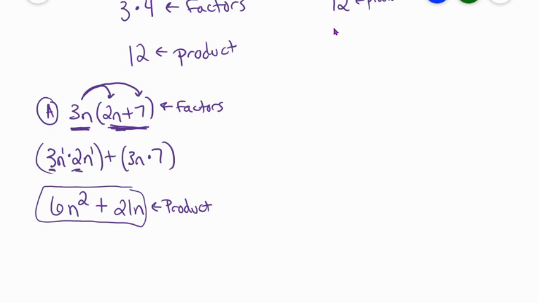But factoring in algebra is similar to factoring a number into its prime factors. So we could factor the 12 into 3 times 4 like we started with here.